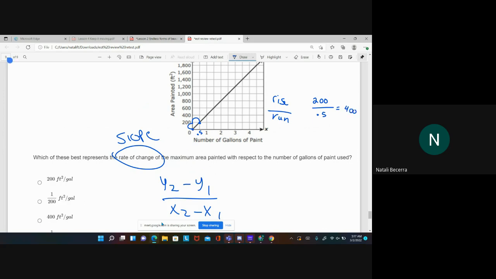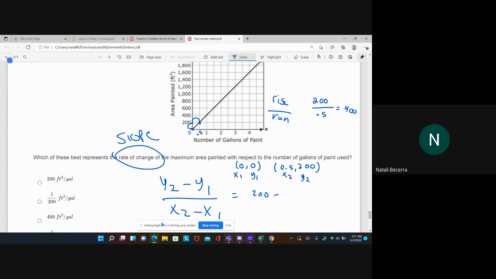Now, if you think you're going to get confused on that, you could also just pick 2 points. I'm going to pick this point, which is 0, 0. So I'm going to label it x1, y1. And then the other point, which was 0.5, comma 200, this is x2, y2. So then I just plug it in.